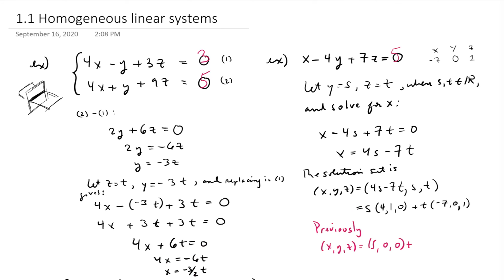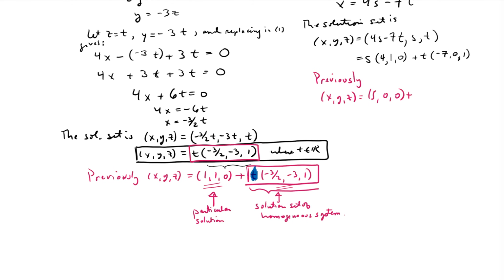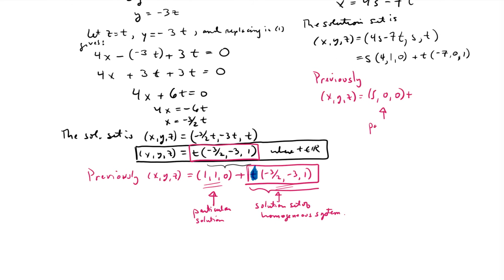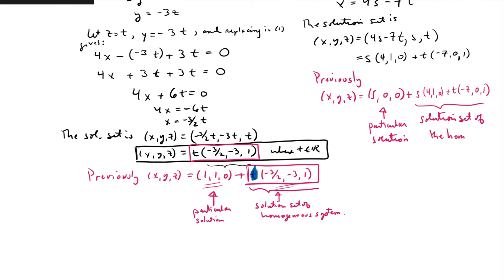So (5, 0, 0) was a specific solution. Once again, that's a particular solution. After that, we had s times (4, 1, 0) plus t times (-7, 0, 1). So you again have the solution set of the corresponding homogeneous system.